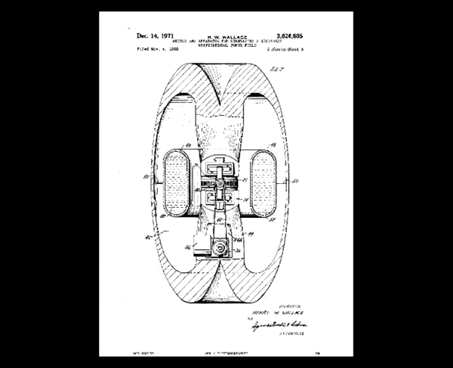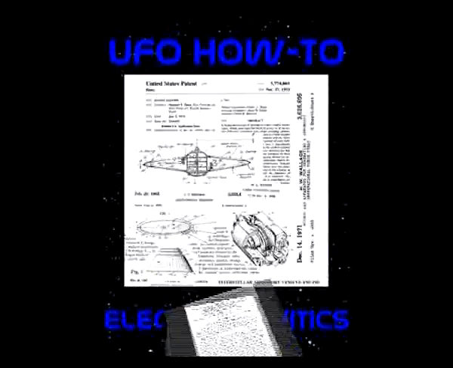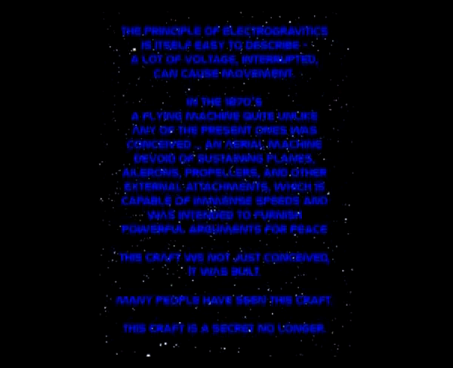In the abstracts of his disclosure, he states, "This is an apparatus and method for generating a non-electromagnetic force field due to the dynamic interaction of relatively moving bodies through gravitational coupling, and for transforming such force fields into energy for doing useful work."